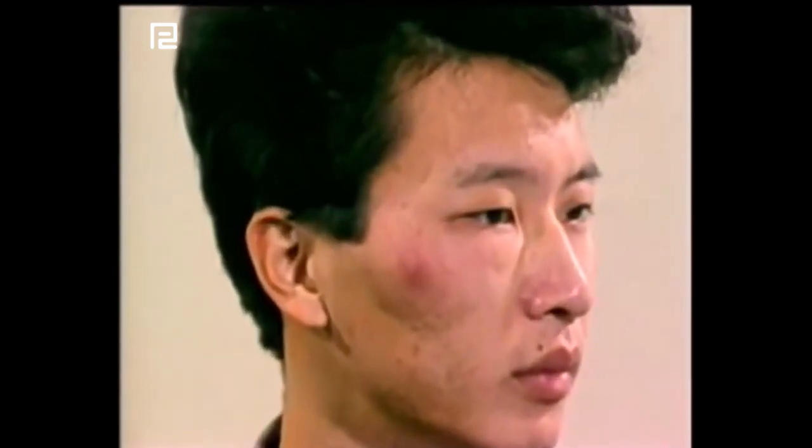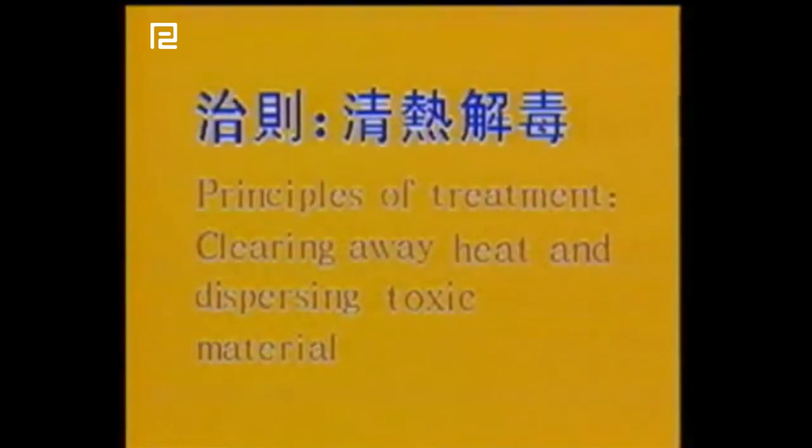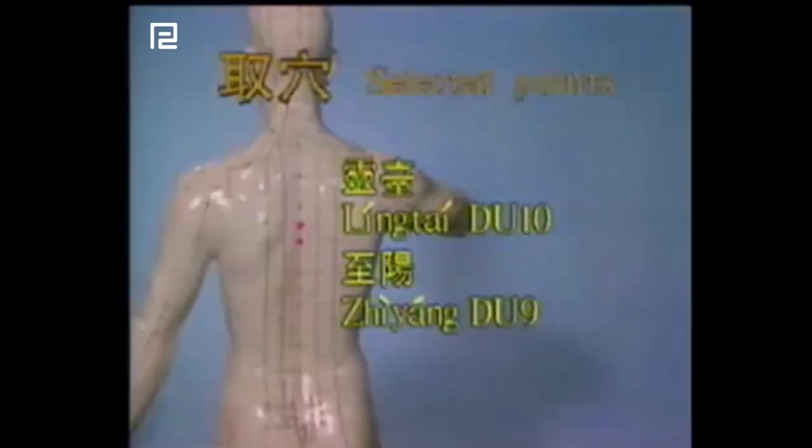Furuncle. This is an acute and dangerous disorder. Often occurs on the face, hands, and feet. Principles of treatment: clearing away heat and dispersing toxic material.